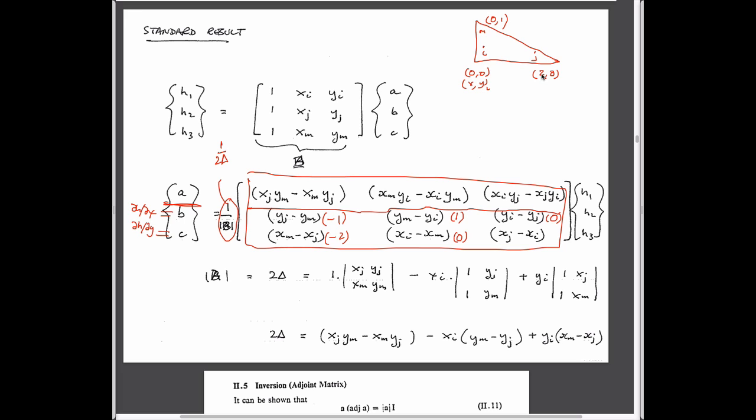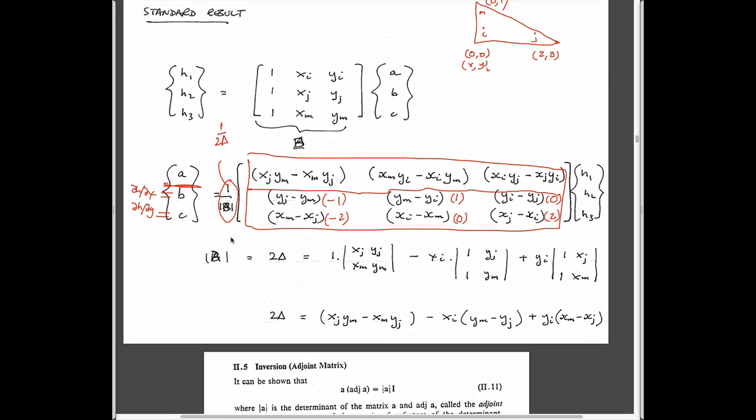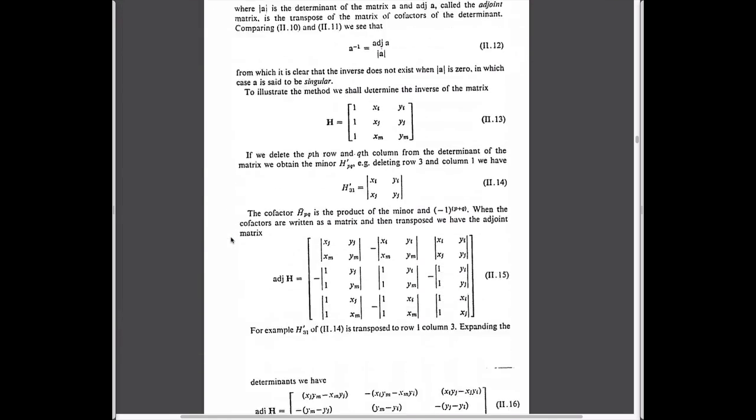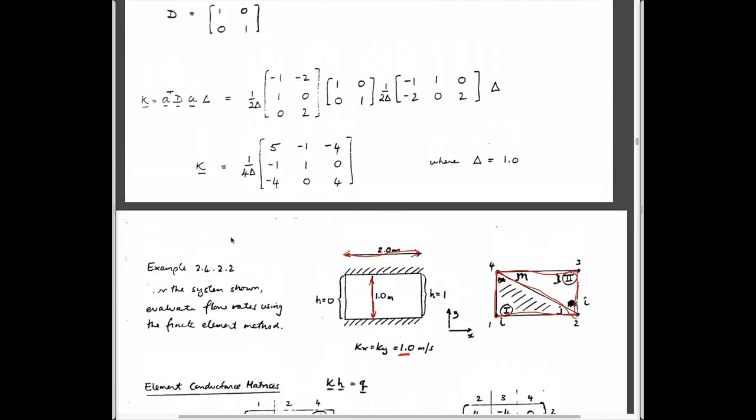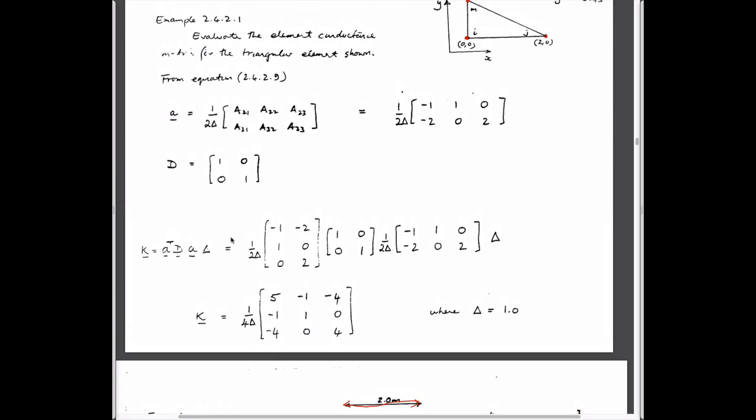Xj minus xi is 2 minus 0, which is 2. So we have this matrix. Let's see if they're in the right order, just to see if we've done it correctly. Yeah, I think we have, okay.